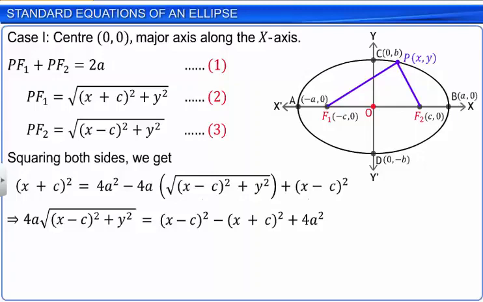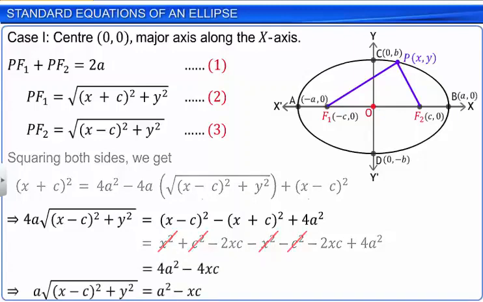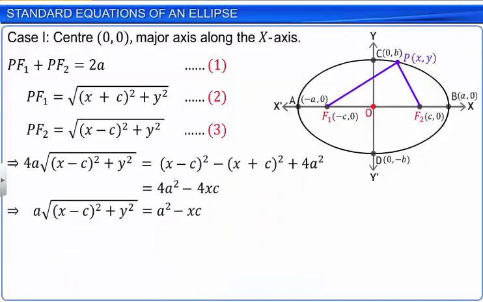On simplifying, we get under root (x minus c) whole square plus y square is equal to (a minus c upon a) x.